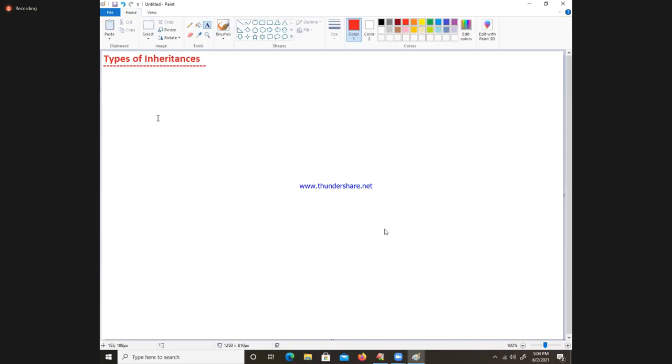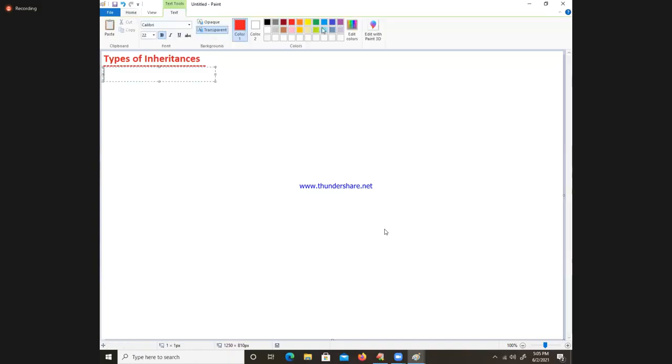Very, very simple. Look at me. Types of inheritance is one type of model, one type of pattern, which makes us understand how the features are inherited from one class into another class. Now I am writing: types of inheritance makes us understand how the features are inheriting.